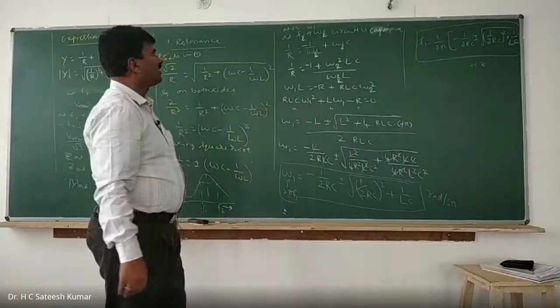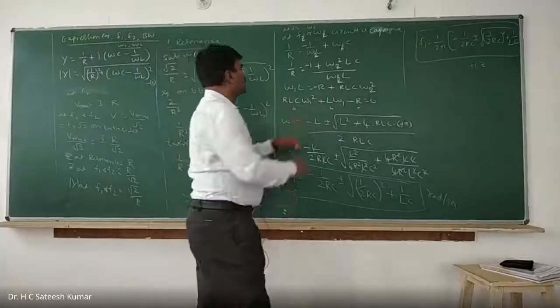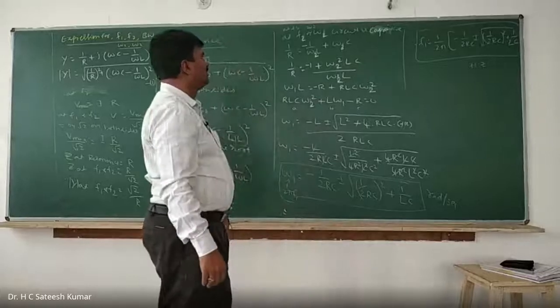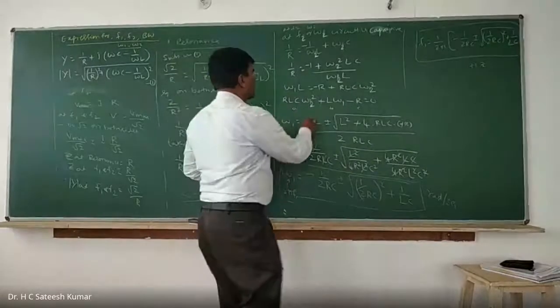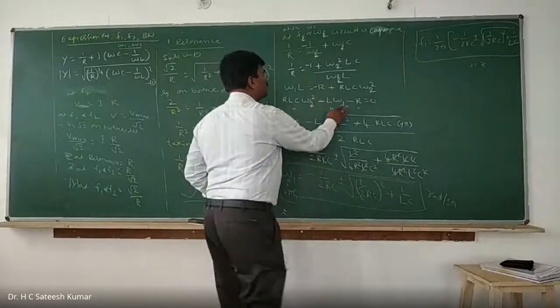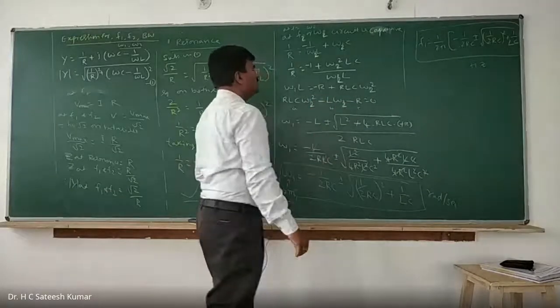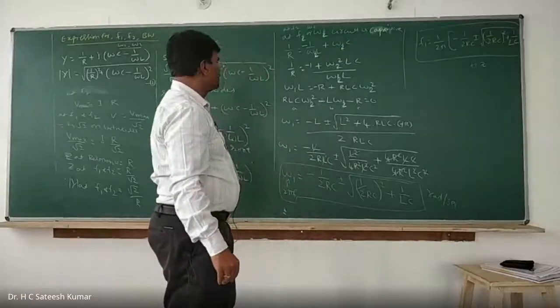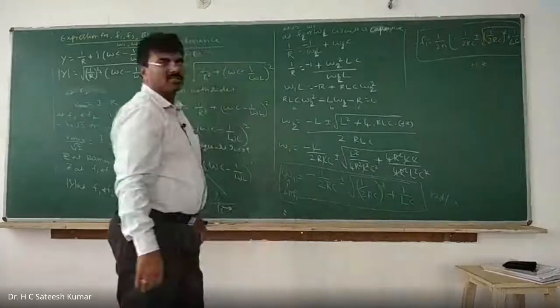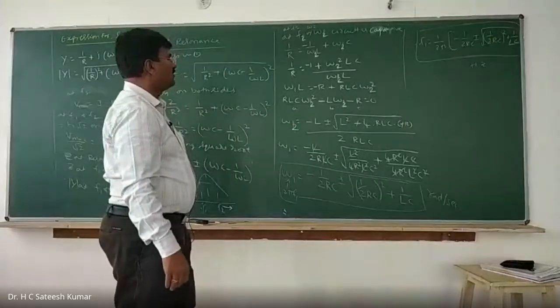Now transfer all of them to the right hand side. If you take all of them to the right hand side, RLC into omega 2 square minus L into omega 2 minus R is equal to 0. Therefore, omega 2 is equal to what we have?